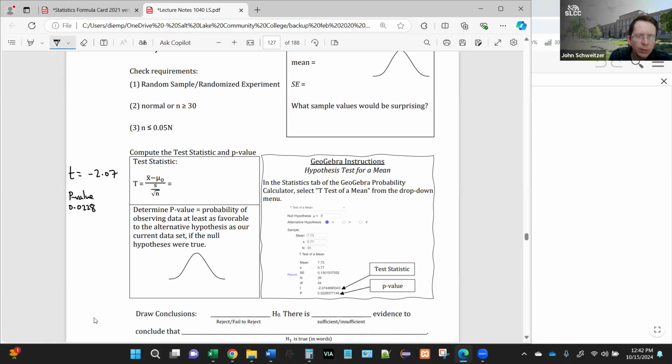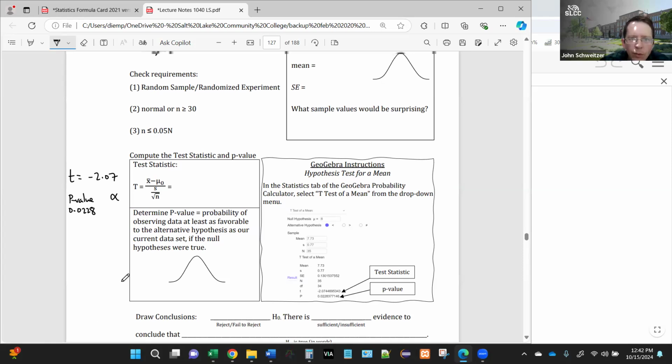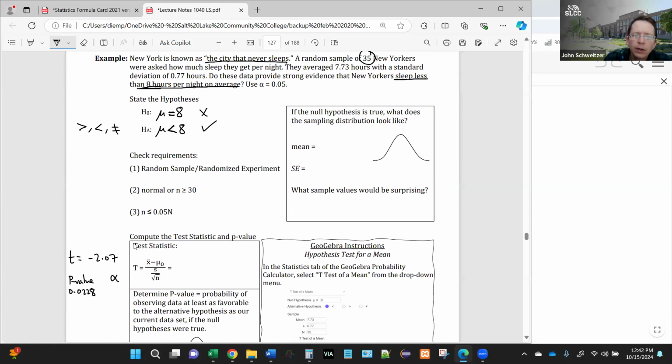What do we do with that? We compare it to alpha. Alpha varies from industry to industry, so on the exam, we'll be sure to give you that. If for some reason I forget to put that in on a problem, then you can choose your own alpha value. A typical one would be 0.05.